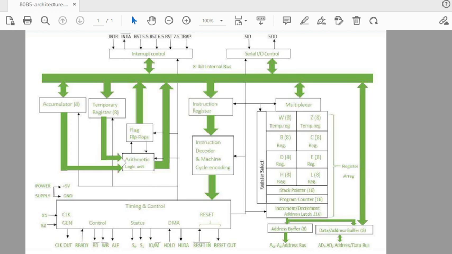When we write the main building blocks of the 8085 microprocessor, first comes the GPR, general purpose register, second is the stack pointer, third is the program counter, fourth is the accumulator, fifth is the arithmetic and logic unit, sixth is the instruction register, seventh is the timing control unit, eighth is the interrupt control, and ninth is the serial input output control.